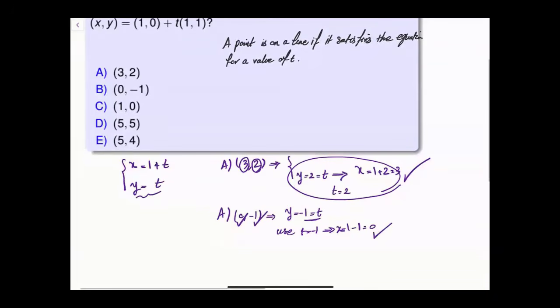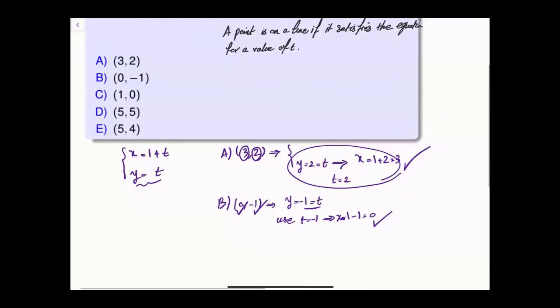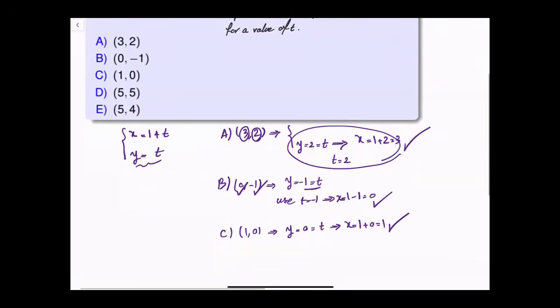This was B, and B is also on the line. How about 1, 0? Right away, y is equal to 0, so t is equal to 0. From that, x is 1 plus 0, which is 1, and that is correct. C also is on the line.